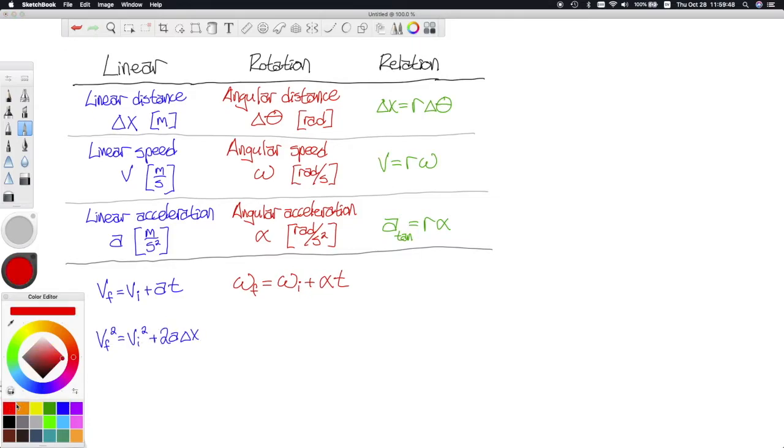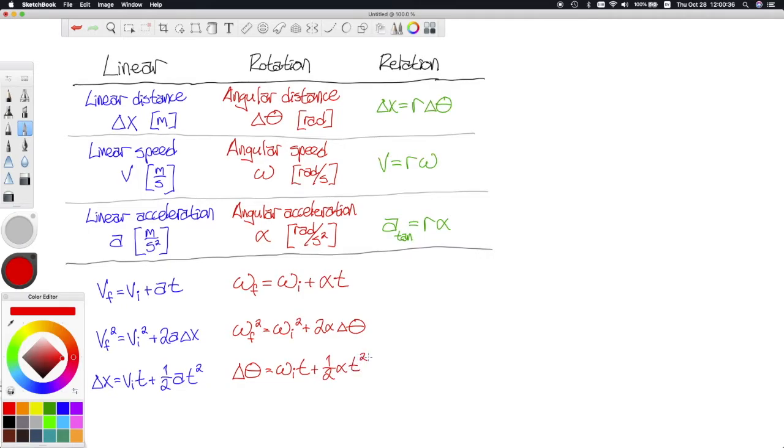Our next kinematic equation, Vf squared equals Vi squared plus 2a delta x, then becomes omega final squared equals omega initial squared plus 2 times alpha times delta theta. And last but not least, the quadratic kinematic equation, delta x equals Vit plus 1/2 At squared, becomes delta theta equals omega initial times t plus 1/2 alpha t squared.